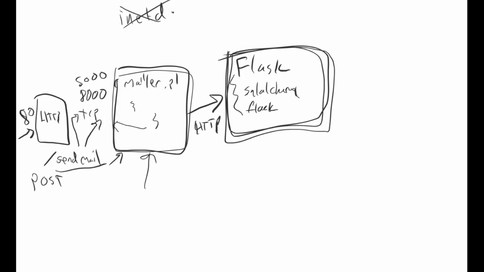Then our server calls the appropriate Flask route handler function and returns the result. You don't want to copy all of this RAM each time for each request.